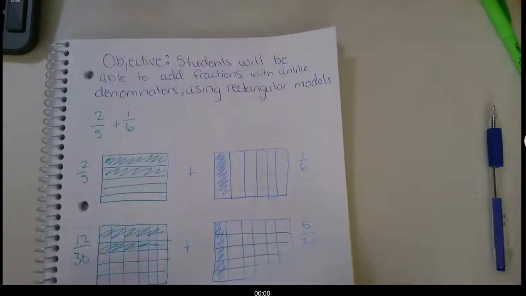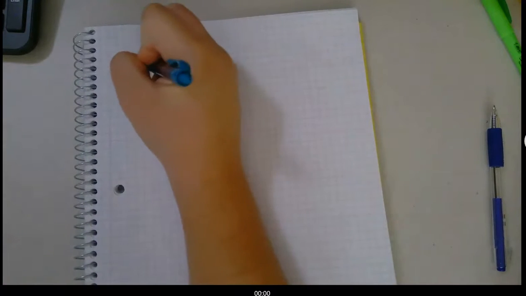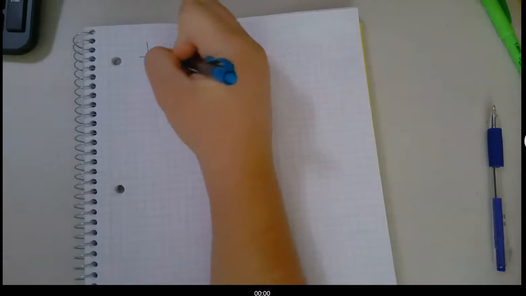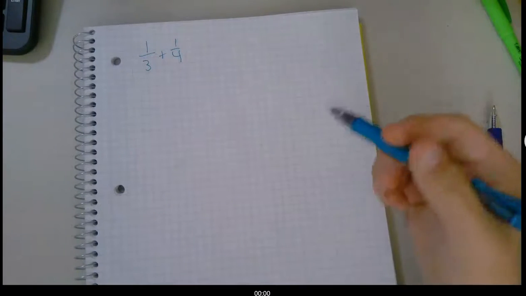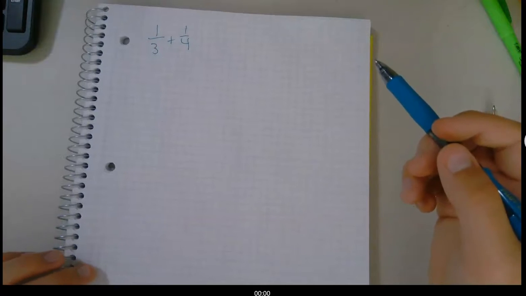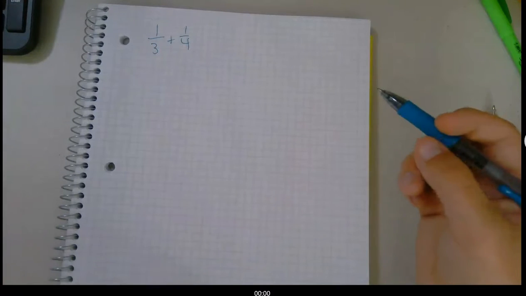Now we're going to use a different set of fractions with the same models. The fractions we're going to be adding are 1/3 and 1/4, using the same objective, rectangular models.